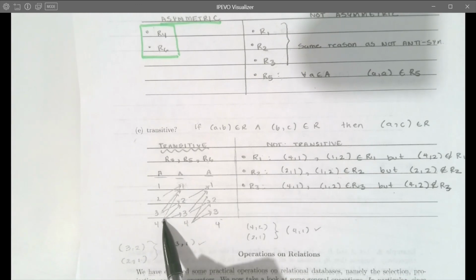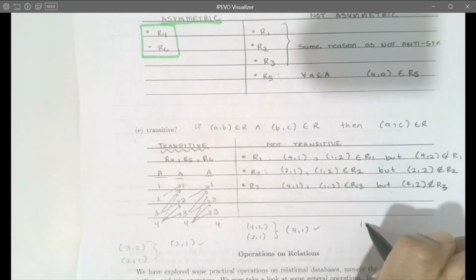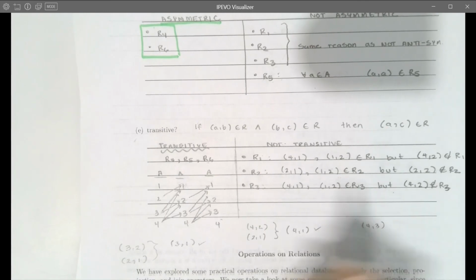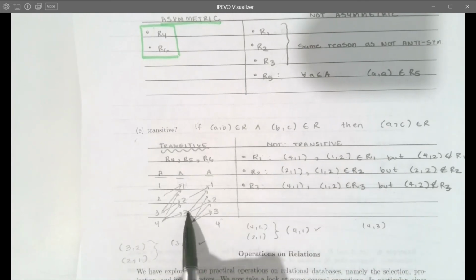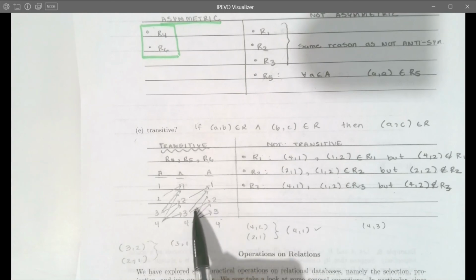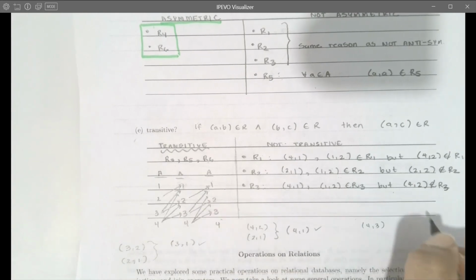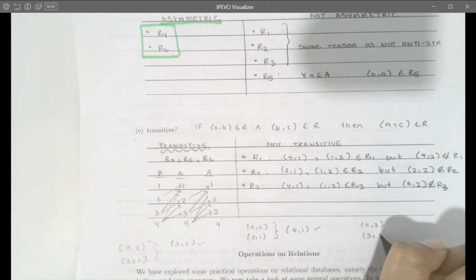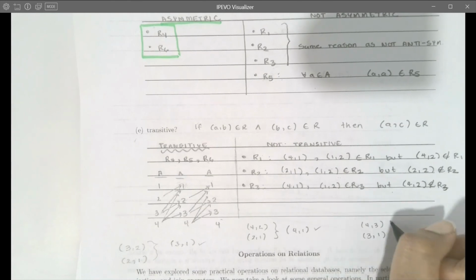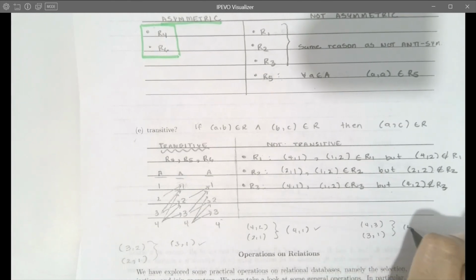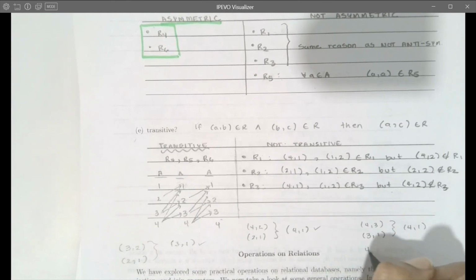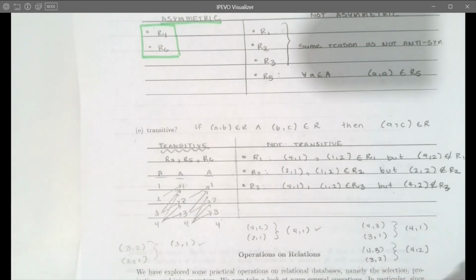All right, then next one, 4 gets mapped to 3. 3 gets mapped to both a 1 and a 2. So 3 gets mapped to a 1, which means that we should have a (4, 1). And we also have that 3 gets mapped to 2, so that means that we should have a 4 mapped to a 2. The first one we've already checked.